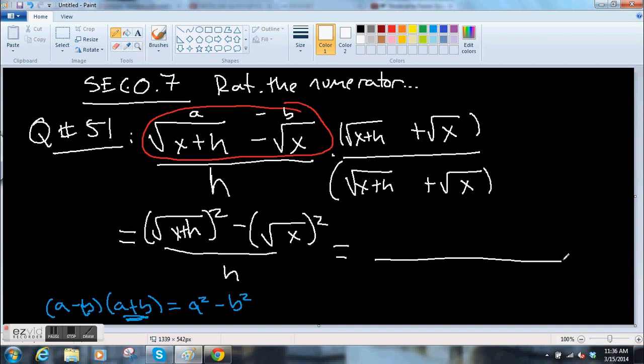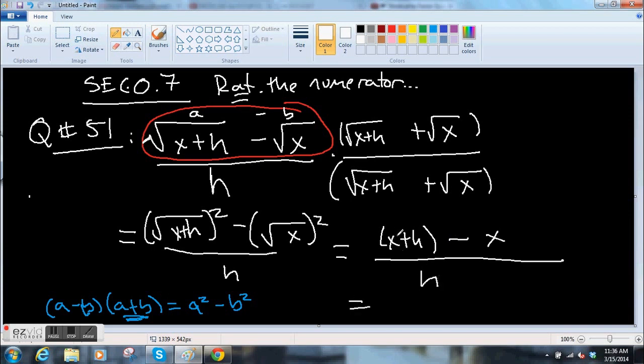The reason I did this is I'm squaring it so that I can get rid of this square root, and that will rationalize it. So on top here, this becomes x plus h, because square root of x plus h squared is just x plus h, minus x, all divided by h.